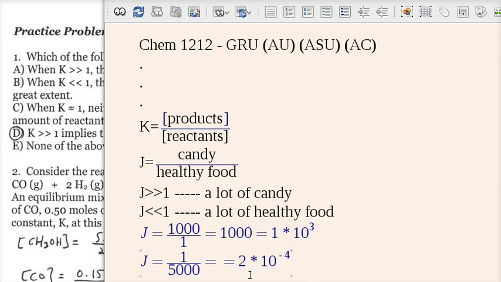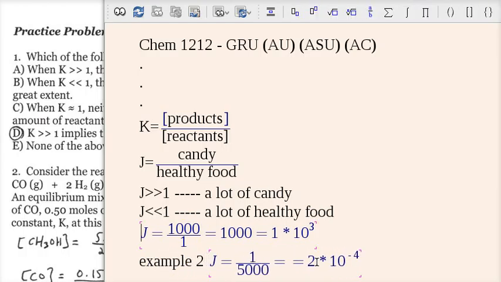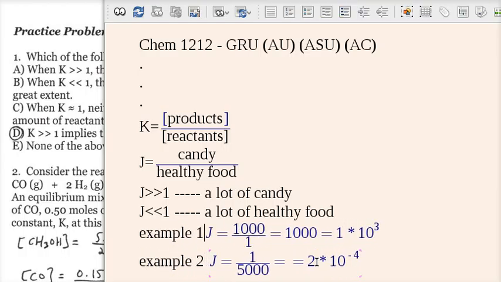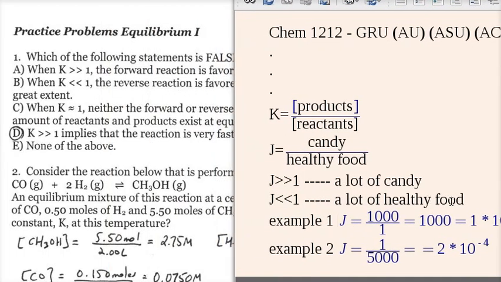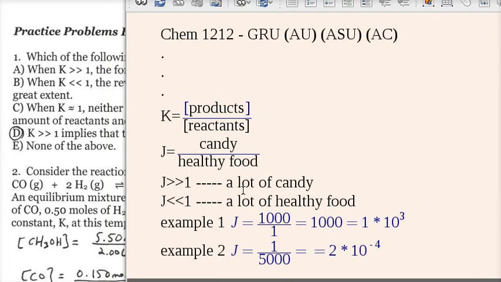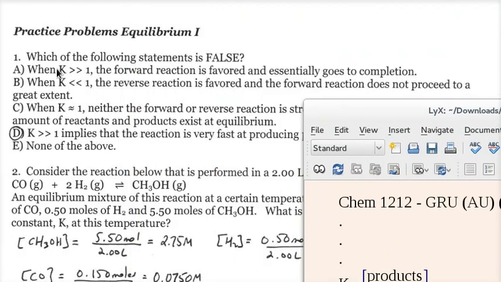So there's a small j, and there's a big J, so big J, more candy, small j, more healthy food. And so, looking back at the example, K is big, much greater than 1, then the forward reaction is favored and essentially goes to completion.